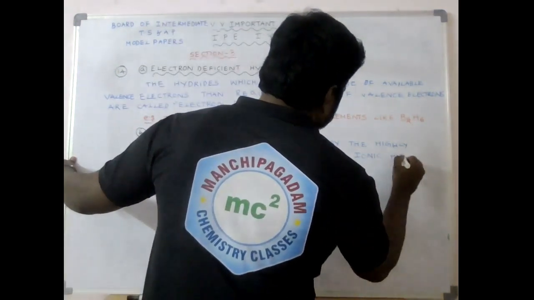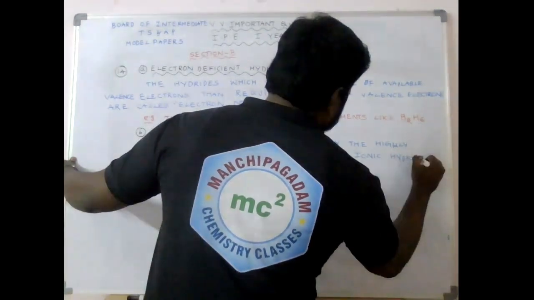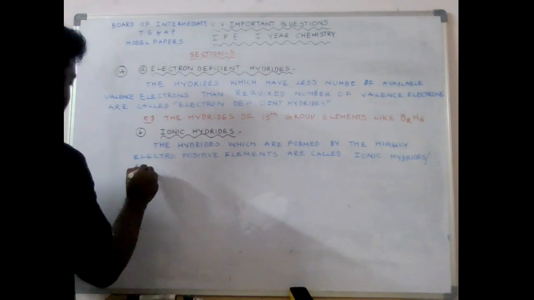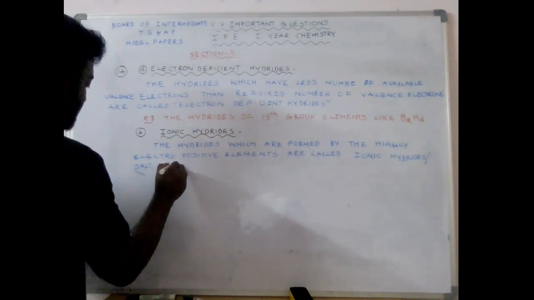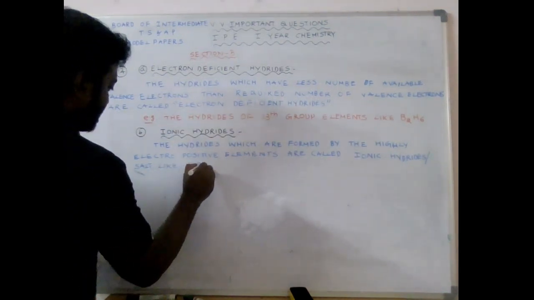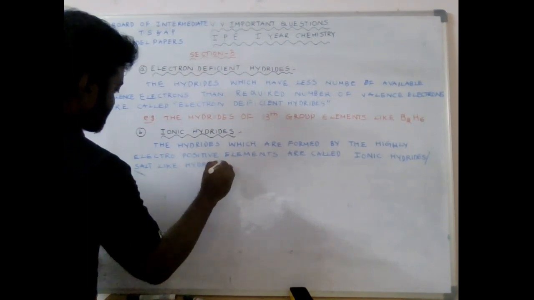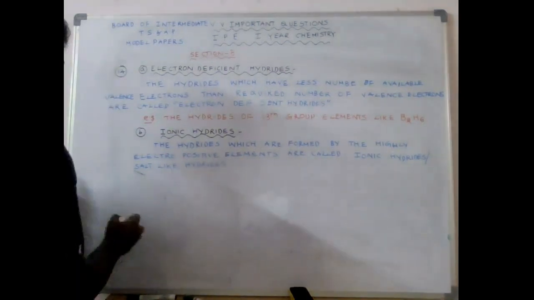Just now I told you, ionic hydrides or salt-like hydrides. Why? Because those are combined with metals. That is why salt-like hydrides.